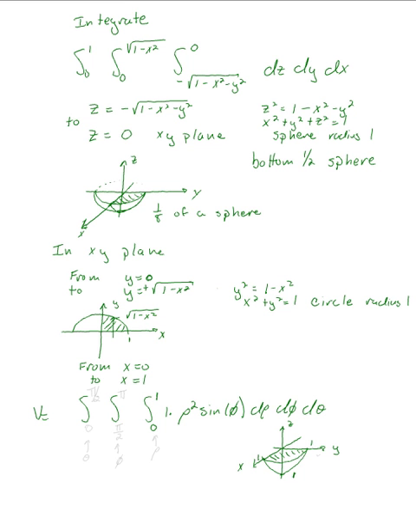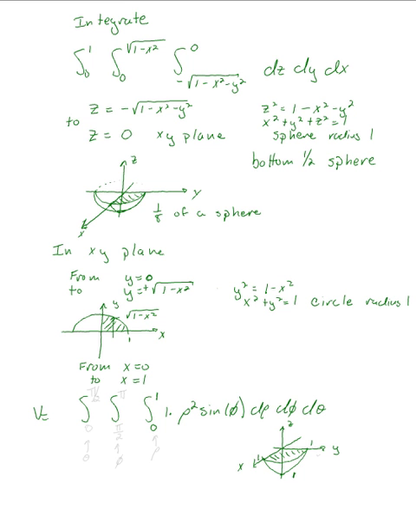Now phi, let's think about phi. The whole surface here is below the xy plane, so that means that phi has to start in the xy plane and then go down to the negative z-axis. Remember that phi is measured from the positive z-axis down.